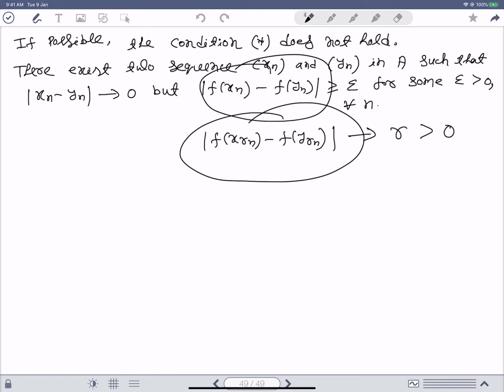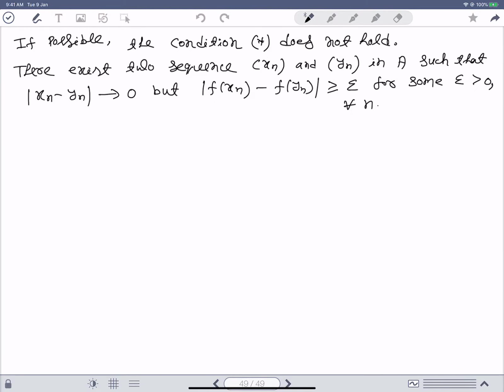Fine. Now what we will do in that case, we can consider x_rn and y_rn as our main sequences, and call them xn and yn. Then we will have two sequences xn and yn in A such that mod of xn minus yn converges to 0, but mod of f of xn minus f of yn greater or equal to epsilon.